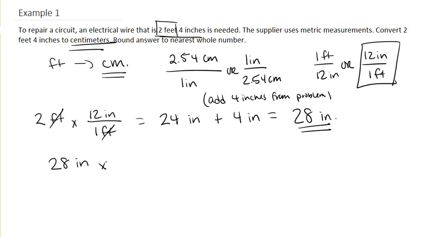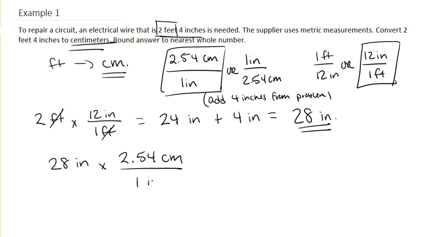And then we're going to multiply it by a conversion factor to get to centimeters. So we need inches to be crossed out. So we're going to use this first one here. So we have 2.54 centimeters over 1 inch. This way inches are crossed out and we're left with just centimeters.